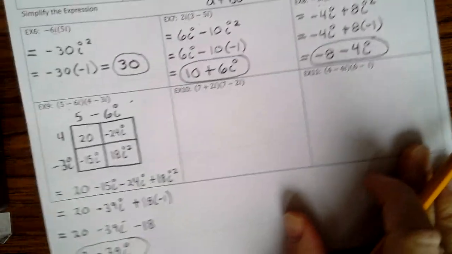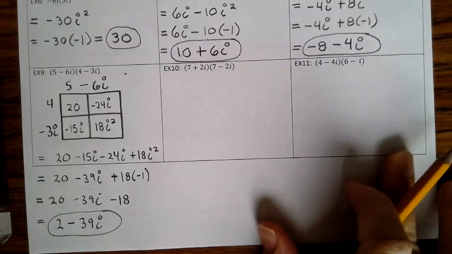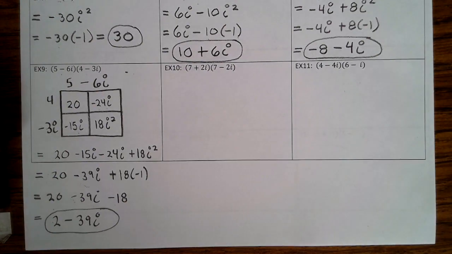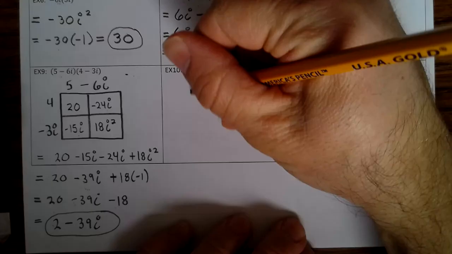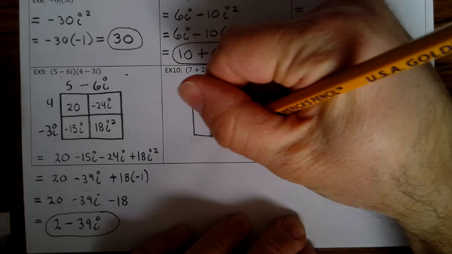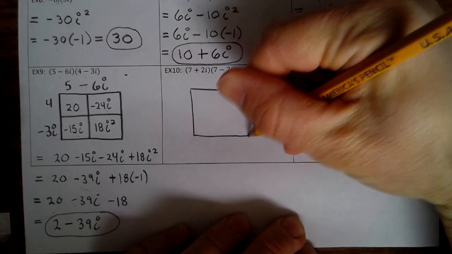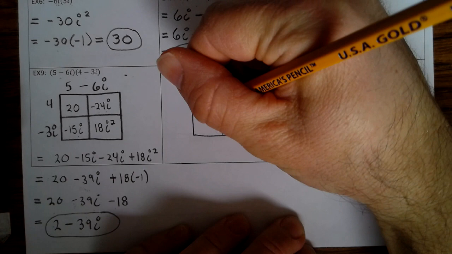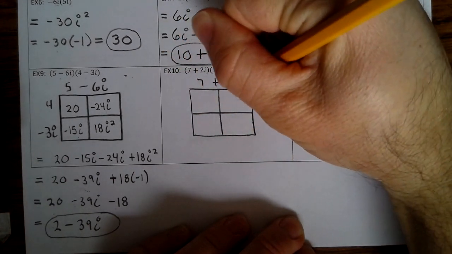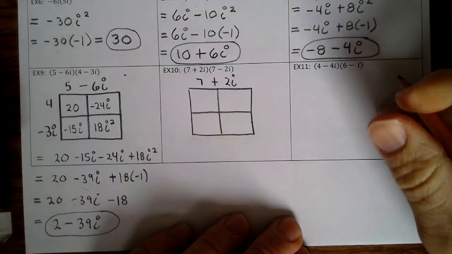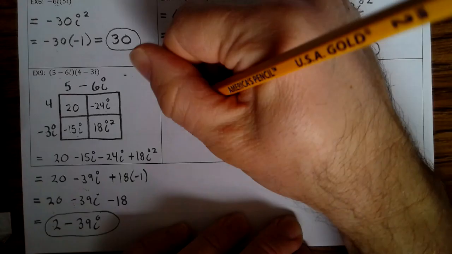All right, example 10. So again, we draw a box. So 7 plus 2i, and then 7 minus 2i. So 7 times 7 is 14. Whoa, not 14.